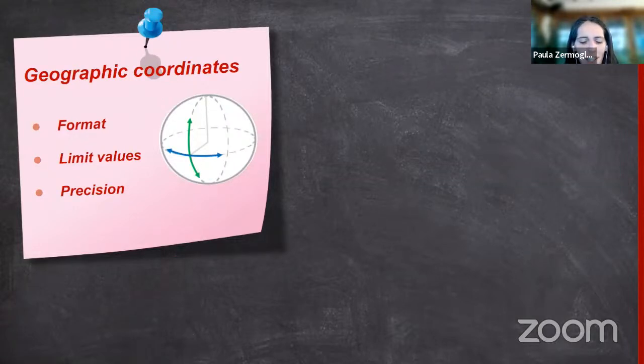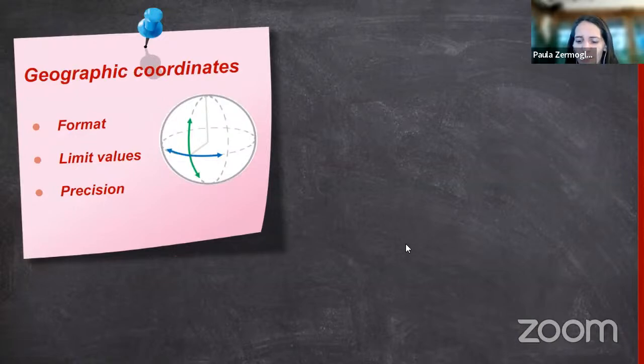So, geographic coordinates. We talked about this in the first exercise that we did. And we know that geographic coordinates can be in different formats, that they have limit values for latitude and for longitude, and that they have different precisions.